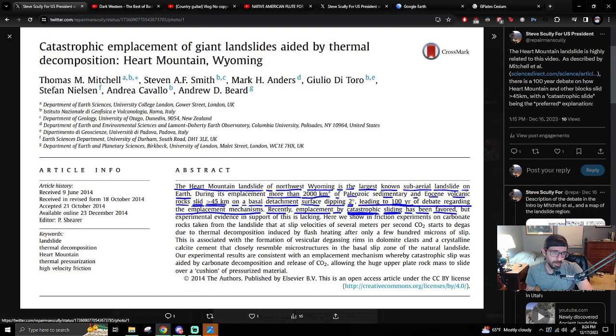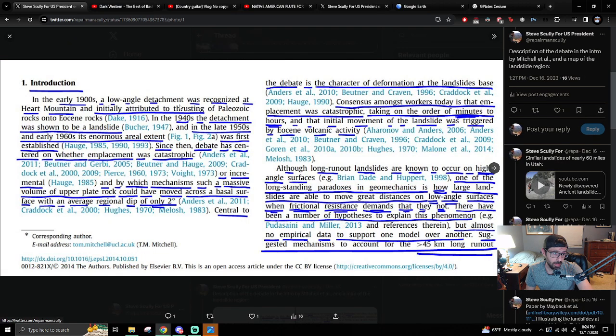I believe one of these papers even specifically says hydroplane, like it's on water. Like it looks like it hydroplaned.